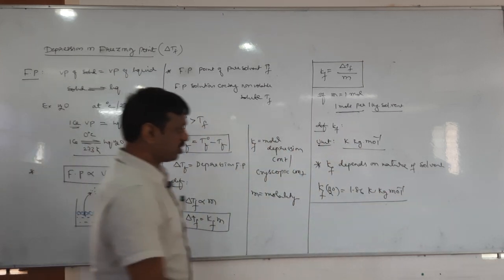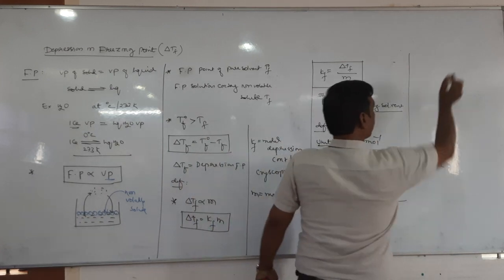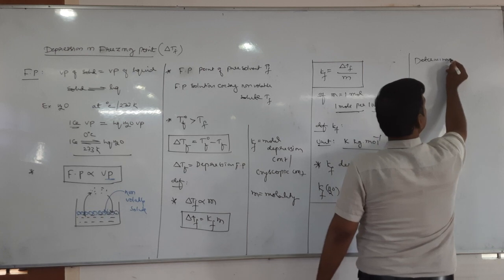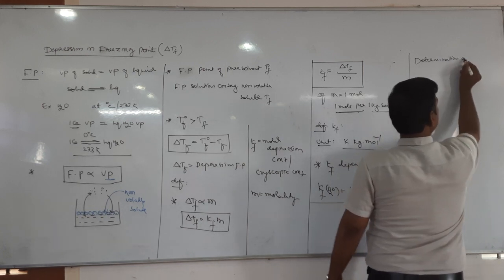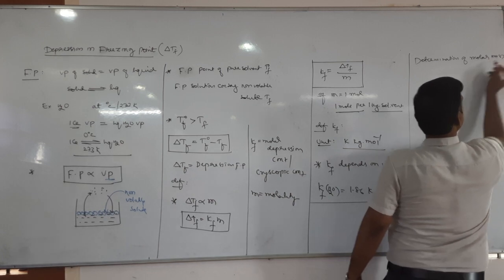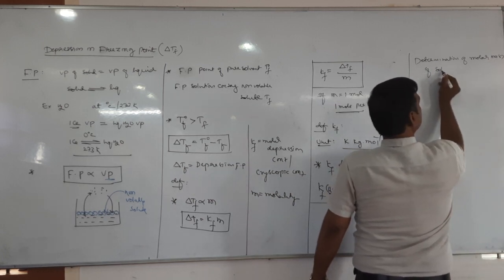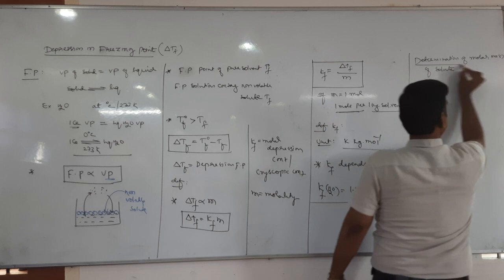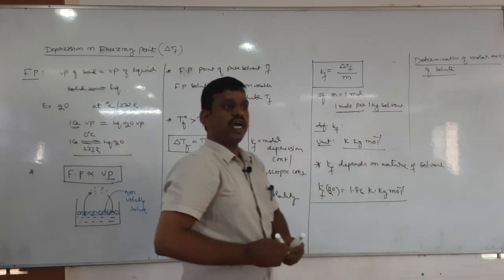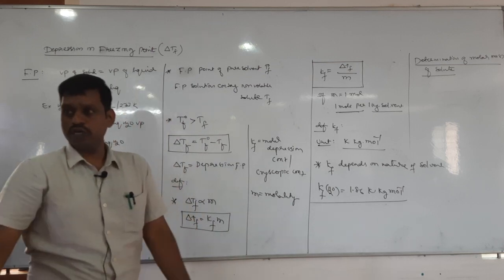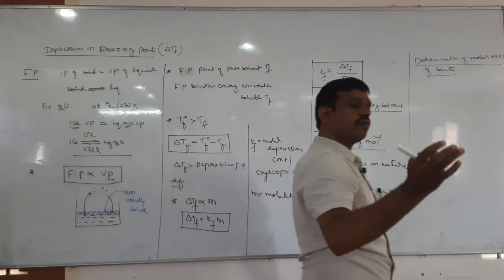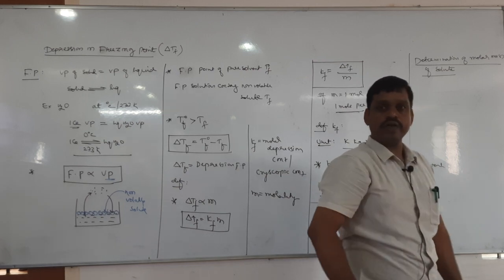Okay. Next is determination of molar mass of solute. We know that the importance of colligative properties is to calculate the molar mass of the solute. We can determine the accurate molar mass of the solute by using colligative properties.